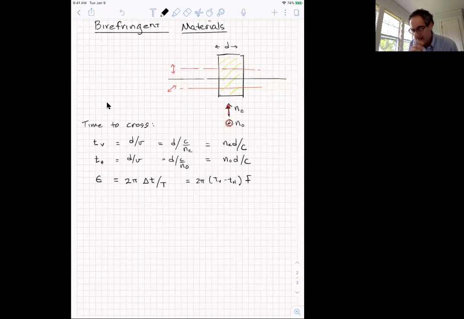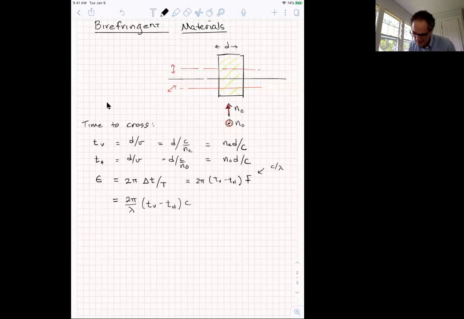Actually, it's convenient to write this in terms of the wavelength. Remember that the frequency is c divided by lambda, then this is 2 pi divided by lambda times Tv minus Th, times c. Getting ahead of myself there.